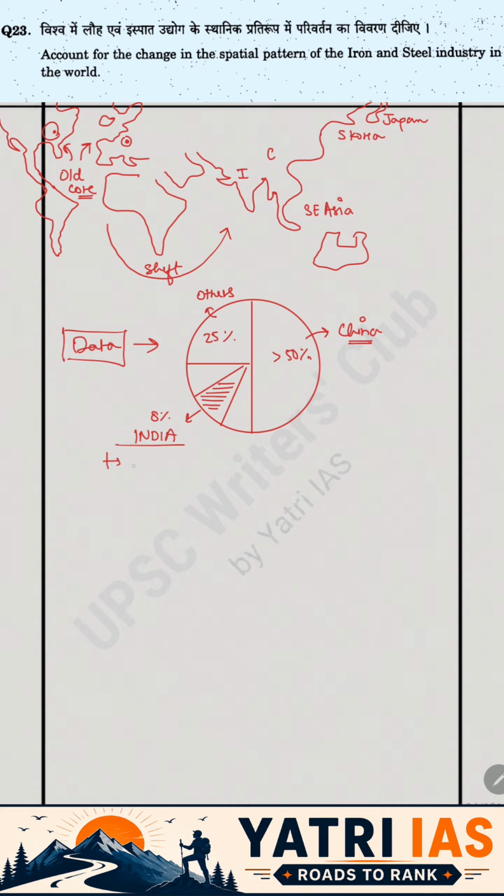And this makes India the second largest crude steel producer. Then you have Japan as well, then you have USA as well. So this is data you could cite. And also you could mention that steel production contributes nearly 7 to 9% of global CO2 emissions.